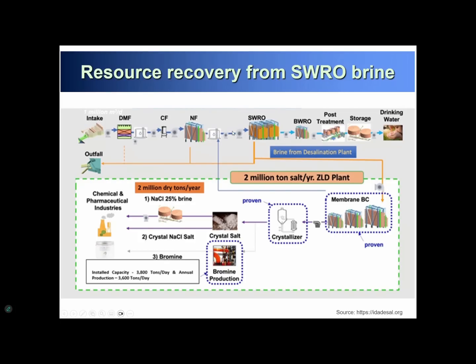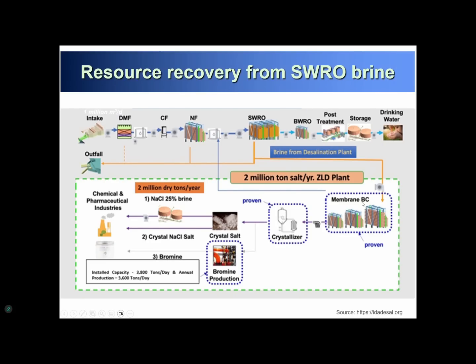Also, you have an increased water recovery because the overall salt concentration is low, and then you can use BWRO to produce the drinking water. Also, we have a leftover of monovalent ion. So it comes to this brine mining plant, and first utilizes the membrane brine concentrator.